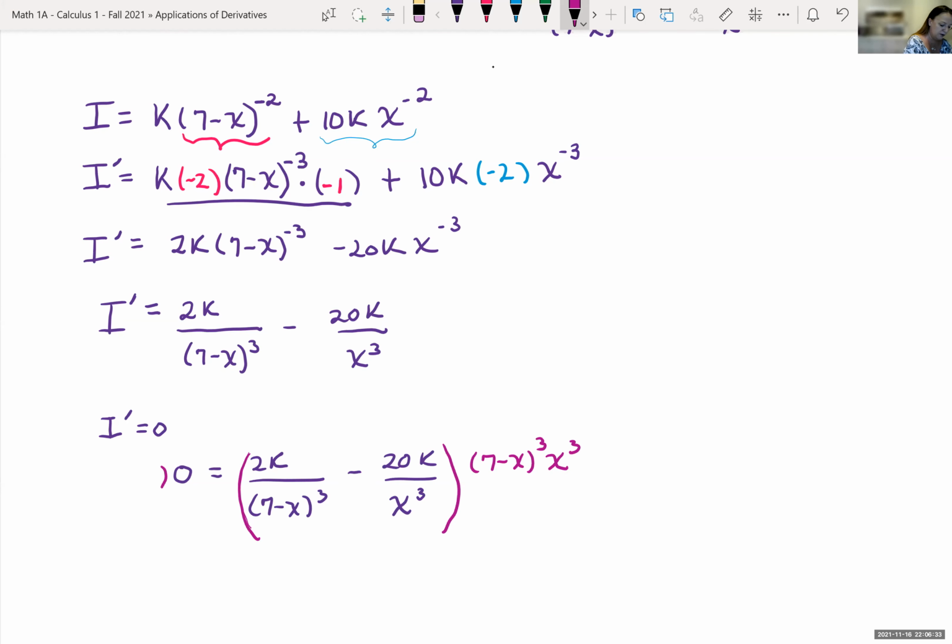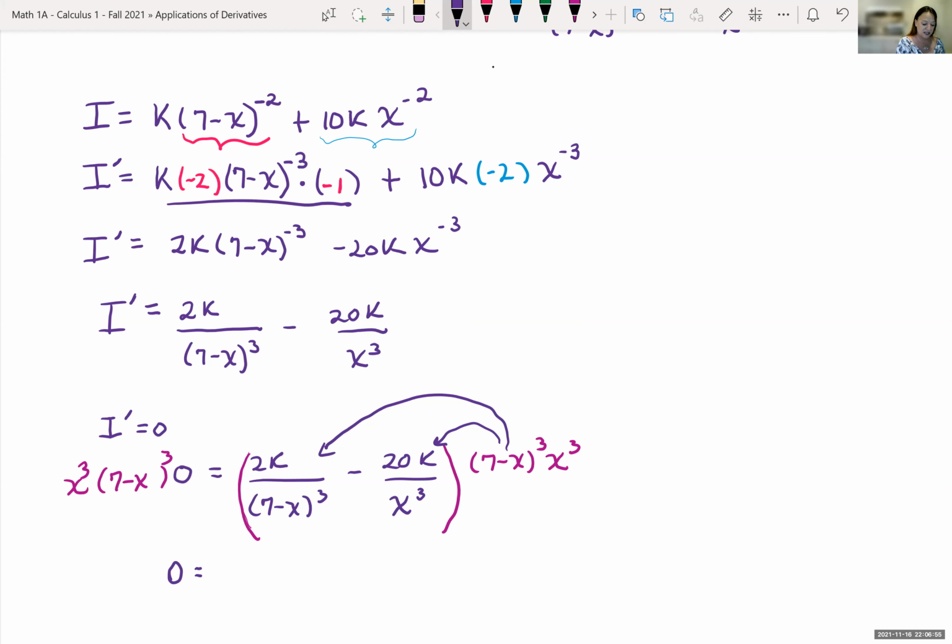Whatever I do to one side, I have to do to the other side of my equation, but anything times 0 is 0. So we have 0 is equal to, distributing, our fractions are going away. The whole point was so that would happen.